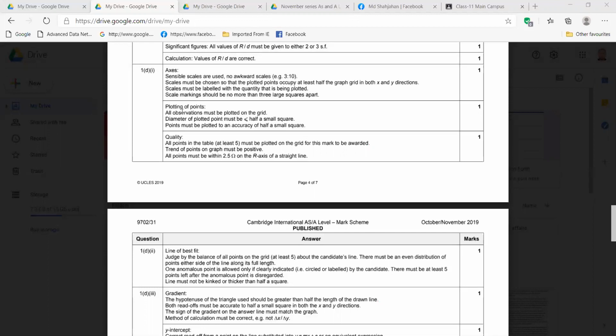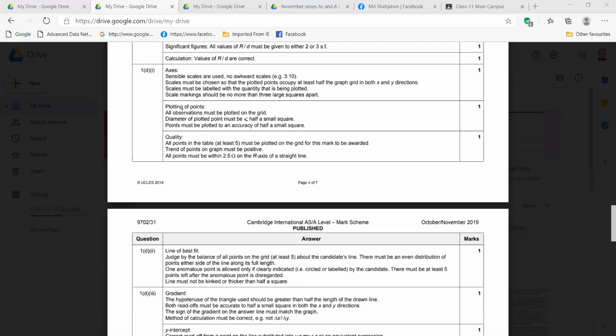That means you got a scale for x and y, so your plotting should not go out of the scaling. That means plotted on the grid. And diameter of plotted points must be smaller than or equal to half a small square. That means you are giving blobs or crosses while you are plotting points.